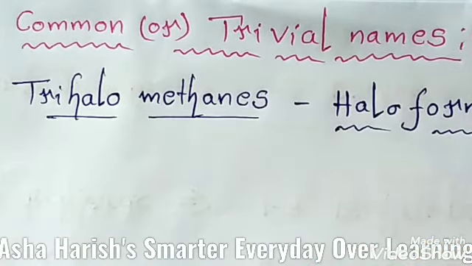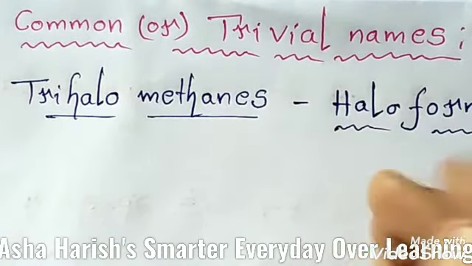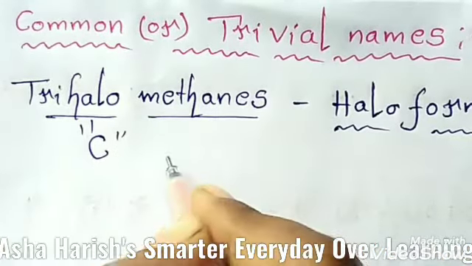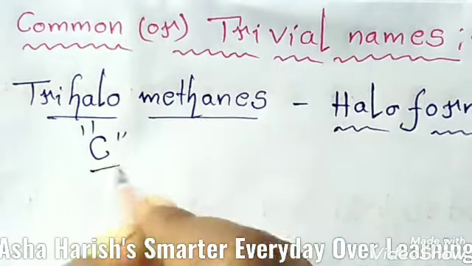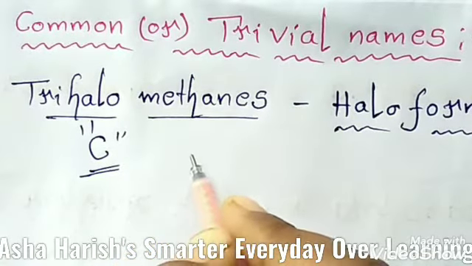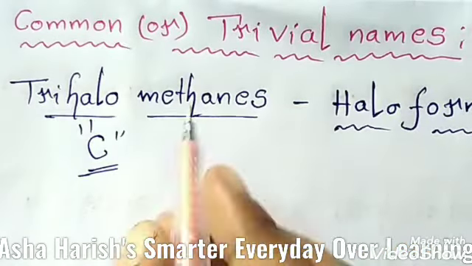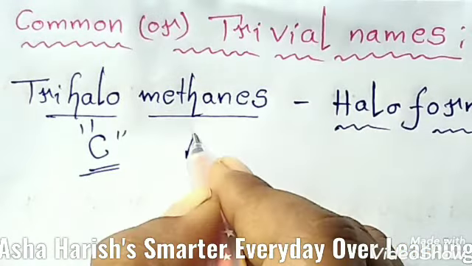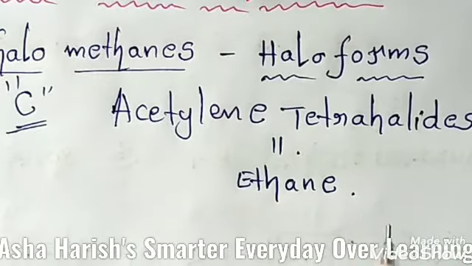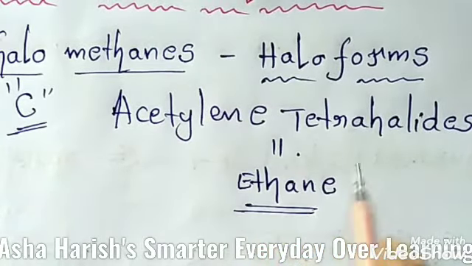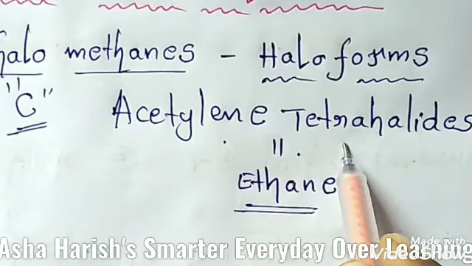Tetrahalogen derivatives of methane are called carbon tetrahalides. Okay students, carbon tetrahalides. While the symmetrical tetrahalogen derivatives of ethane are called acetylene tetrahalides.